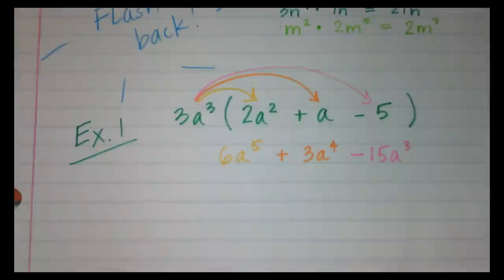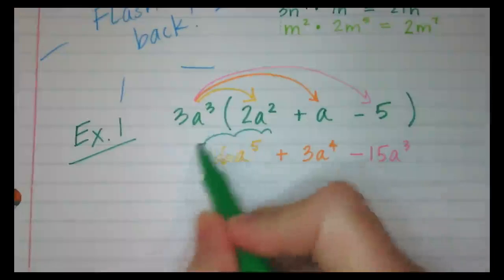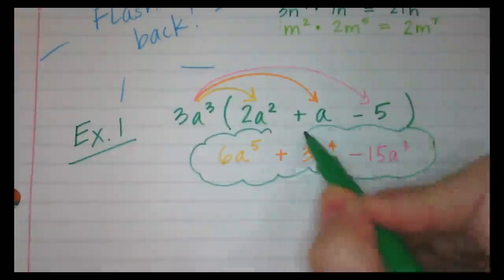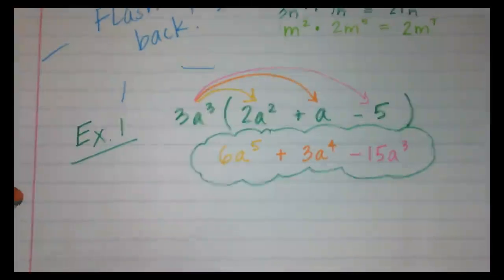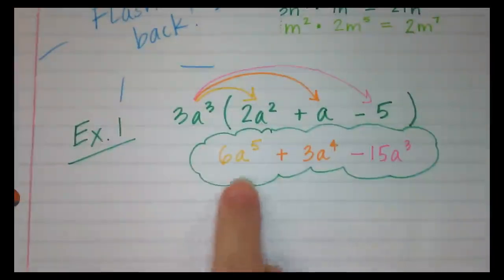Just because all of these have a's does not mean they are like terms. These three terms are not like terms, so this is my answer. We talked about the proper order of your answer: highest exponent first and then descending from there.